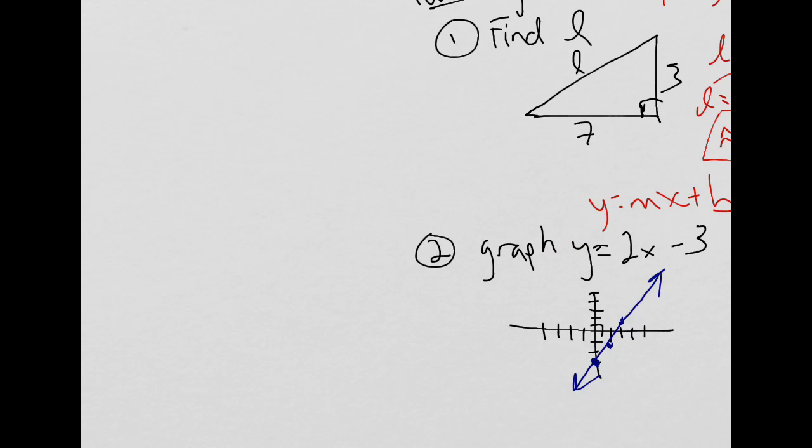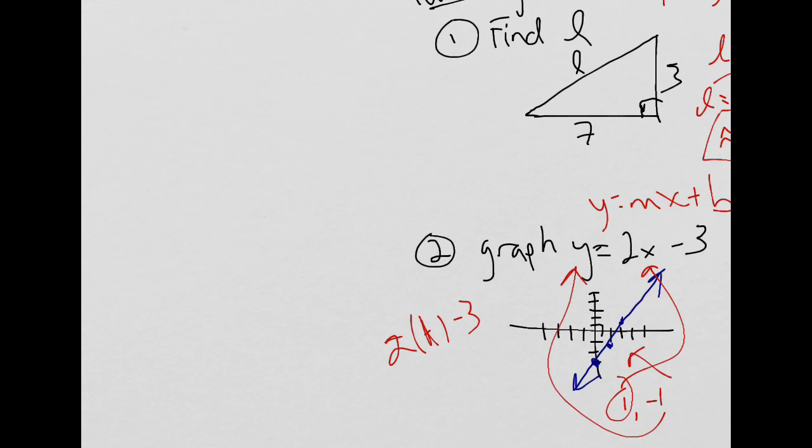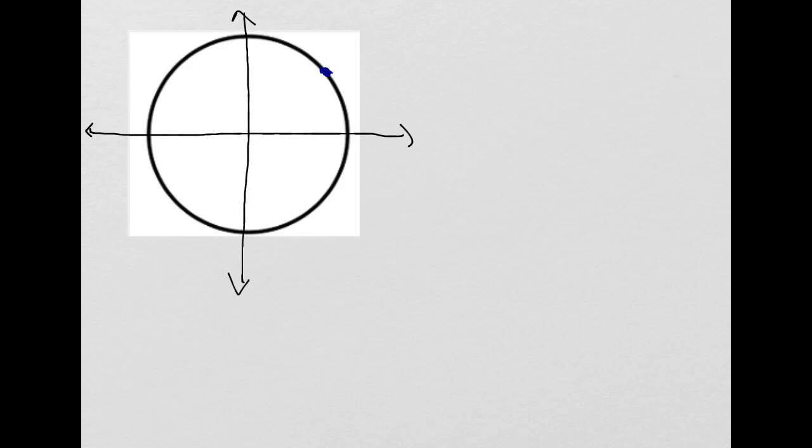For example, if this point here is 1 comma negative 1, so if I plug in this for the x value, I'm going to wind up getting this for the y value. So 2 times 1, the x value, minus 3 gives me negative 1, the y value. So come over here.